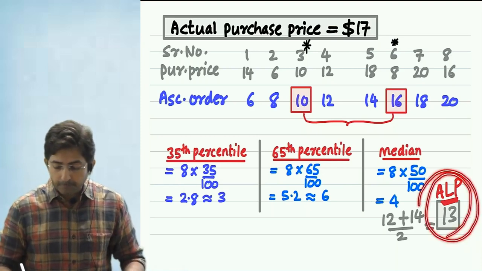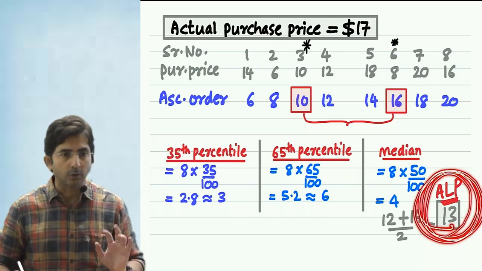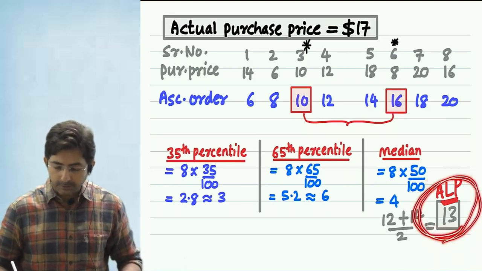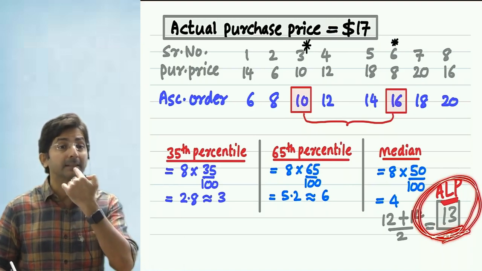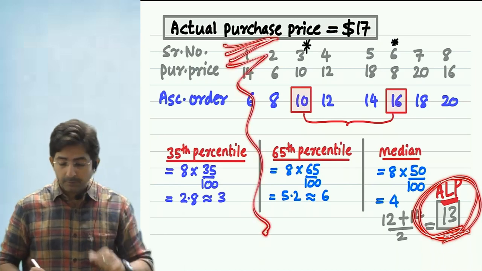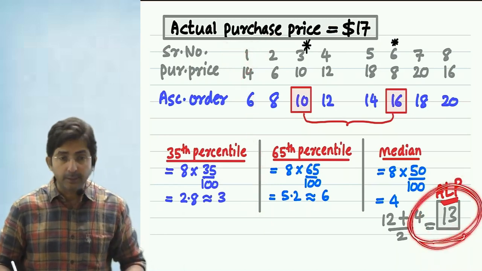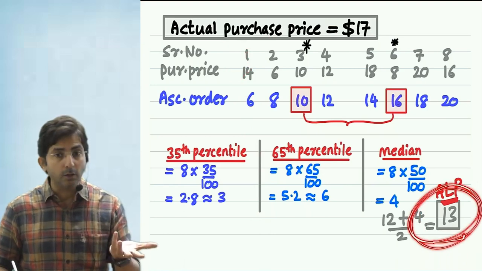Since the ALP is $13, assume it is in dollars. Since the ALP is $13, the genuine purchase price. Did you notice it was all about purchase? So since the ALP is $13, the genuine purchase price is $13.